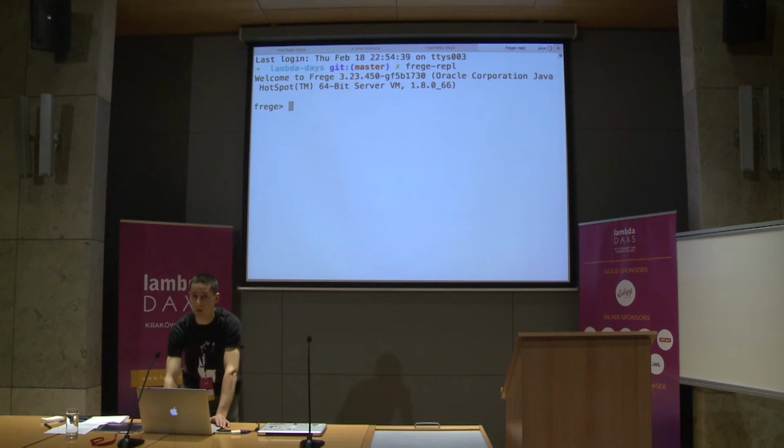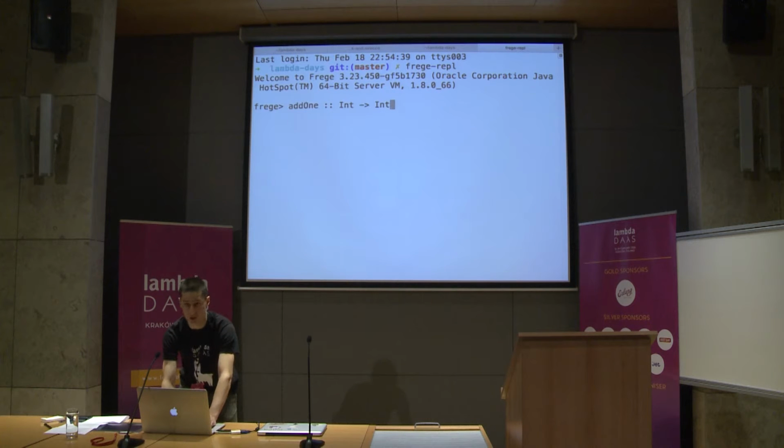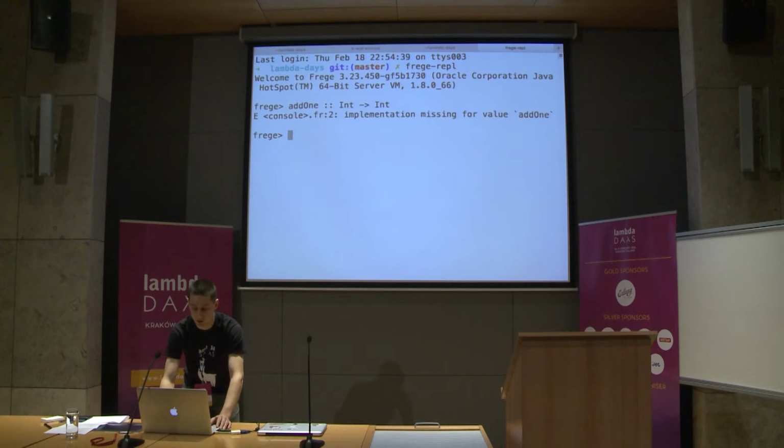So in our functional language, I will first define a function, or rather declare that I have got a function from int to int, which maps to a Java int primitive, or integer type if we consider the size, the range of numbers. The compiler complains that we have no implementation, and that's it.